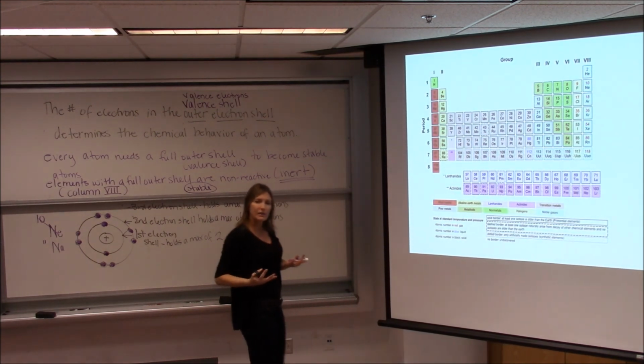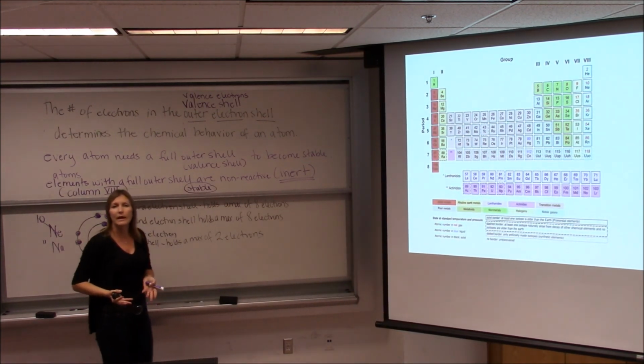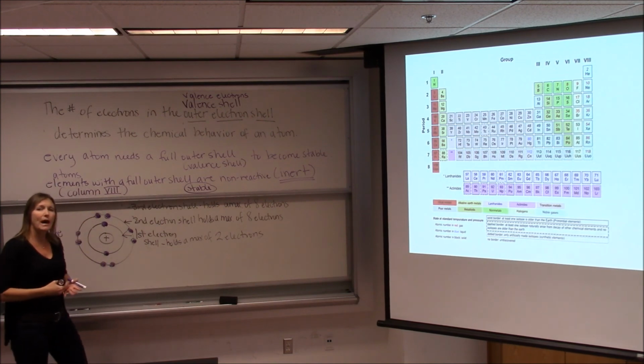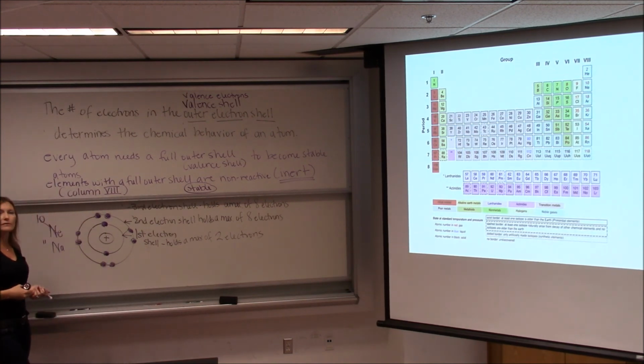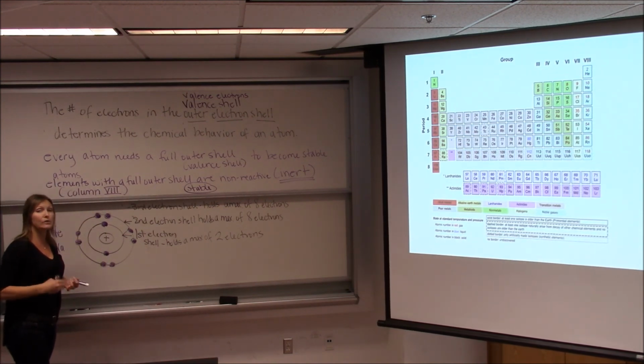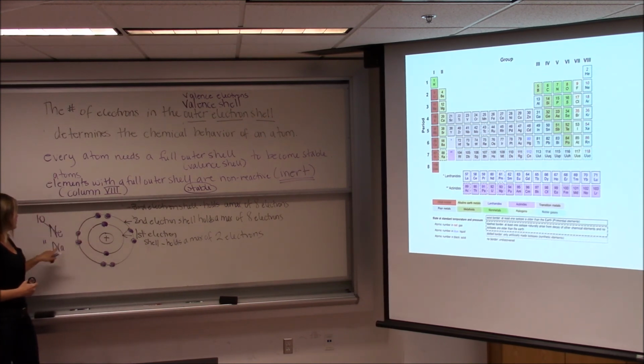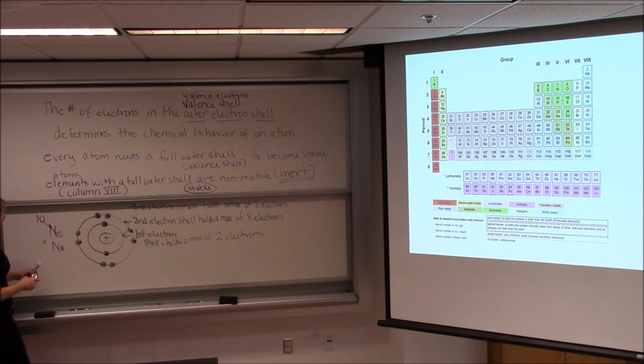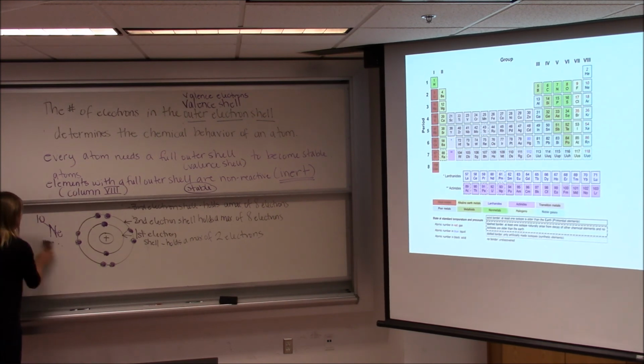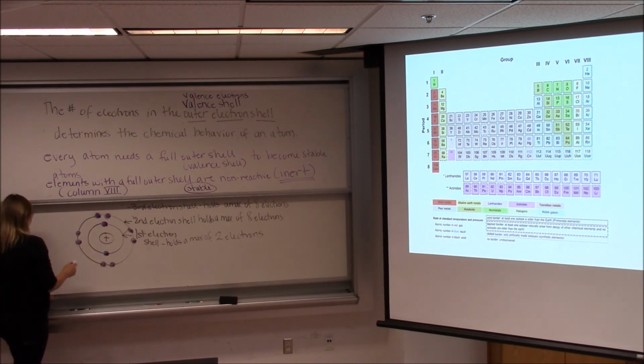So again, the shortcut is the column numbers. Or you can sketch the electron configuration and determine that yourself. Sometimes you will be asked in this class to sketch the electron configuration. So you do need to know how to do that. If I asked you to draw the electron configuration for neon, this is how you would draw it.